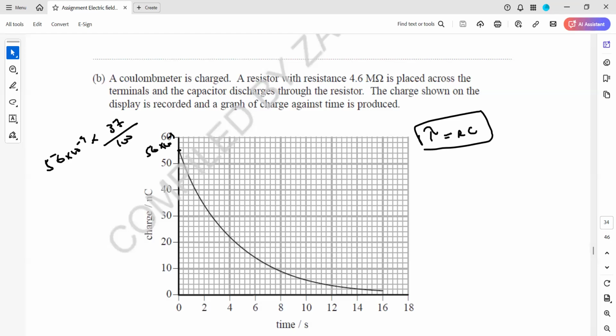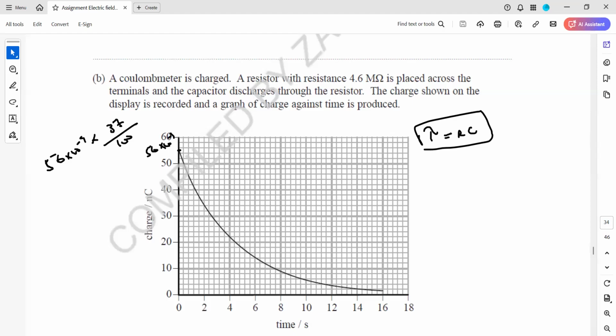When you work out the RC, 37 divided by 100 times 56, so 56 times 37 divided by 100, that is 20.72.